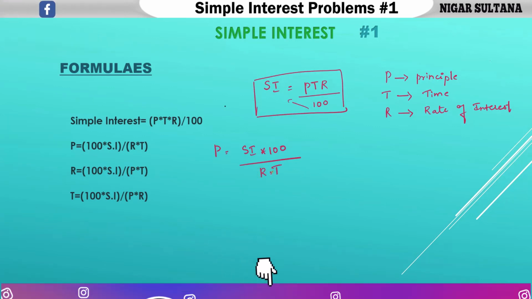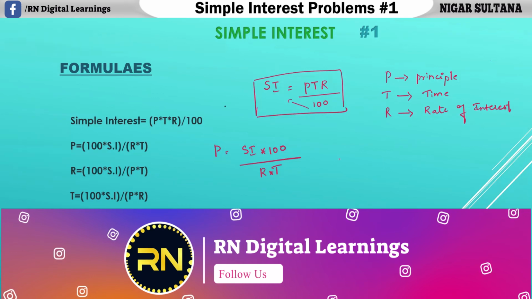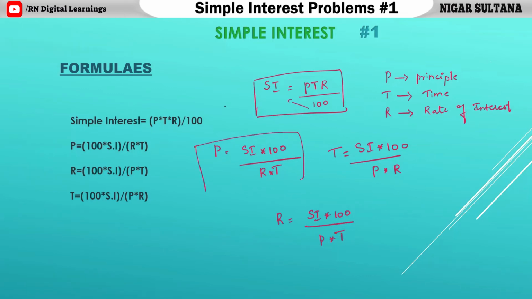So P = SI into 100 divided by R into T. Clear? Similarly, if we want to find time, T equals simple interest into 100 divided by P into R. Again, if we want to find the rate of interest, R equals simple interest into 100 divided by P into T. So these are the formulas. With the help of one formula, that is the simple interest, we can derive the other formulas.